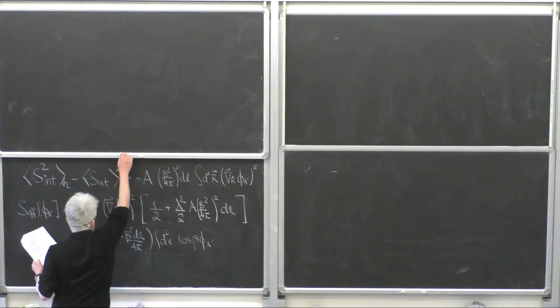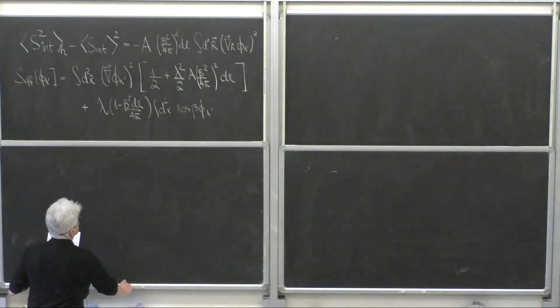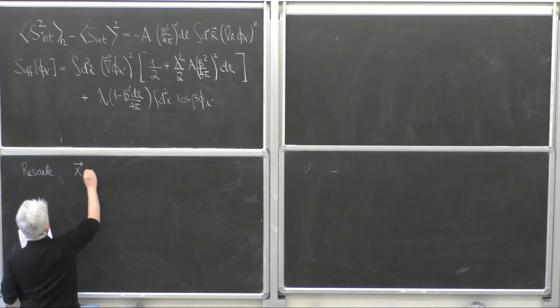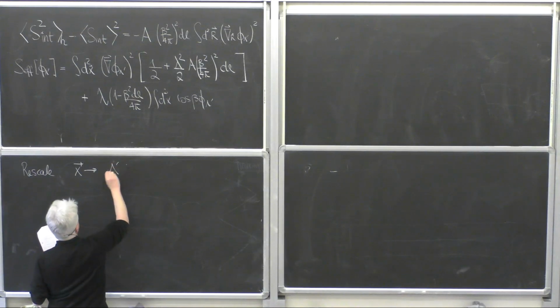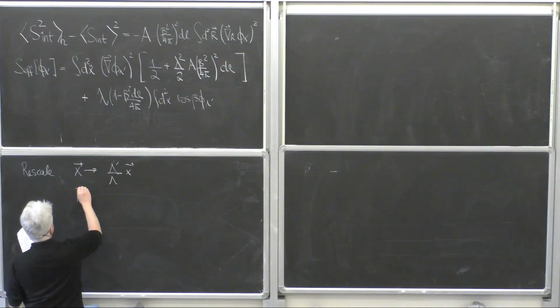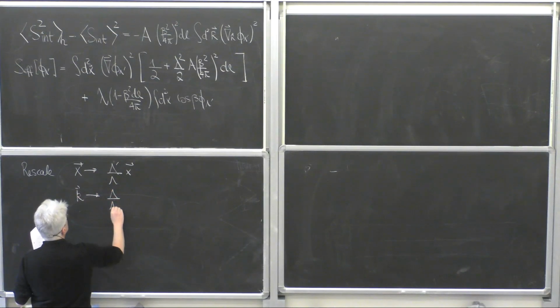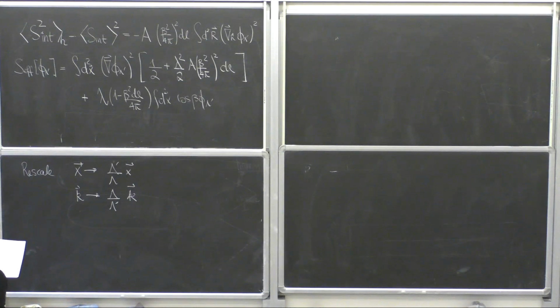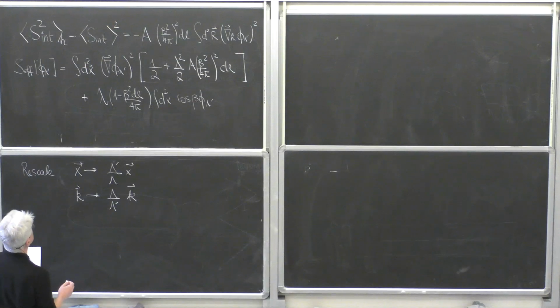And then in order to complete this RG step, we again have to rescale. Space goes to lambda prime over lambda times space, and momentum goes in the opposite direction, to lambda divided by lambda prime times k. And this then gives us the full action. Do I really want to write it again?